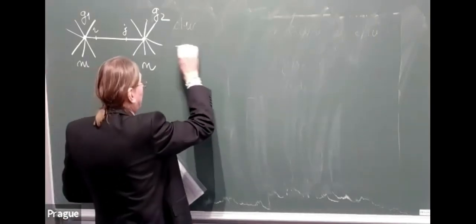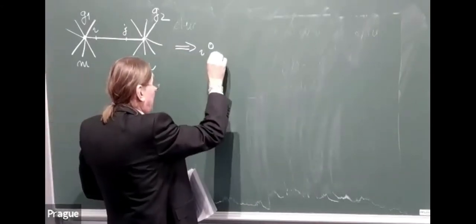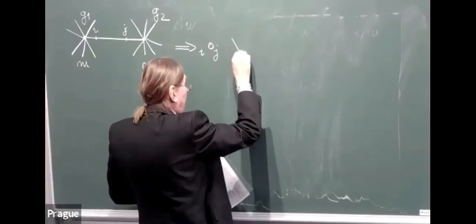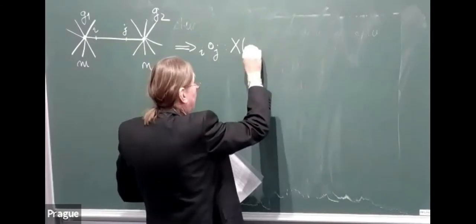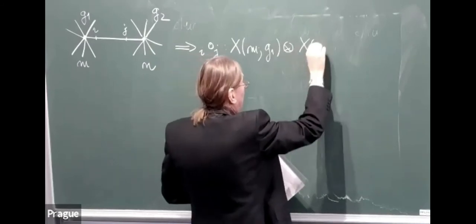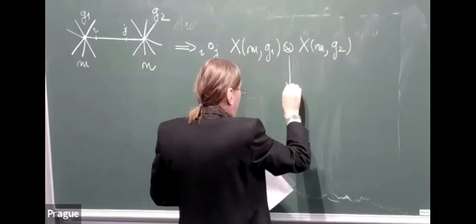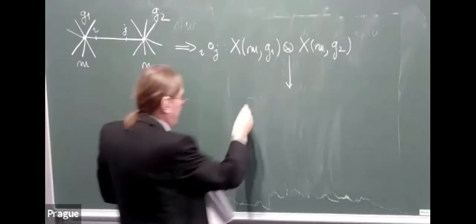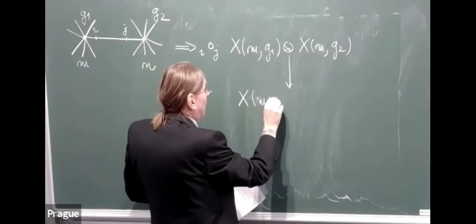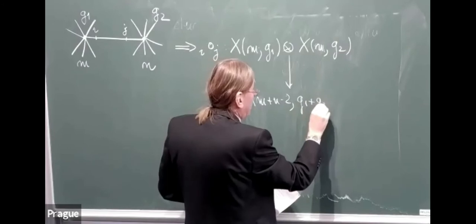The corresponding operation which generates the biased definition is again circle_ij, as in the case of cyclic operads. But in this case, I also have to say what it does with the genus. So it goes from X(m, g1) and X(n, g2), and it's additive with respect to the genus, which is again taken from geometric motivations, to X(m plus n minus 2), and the genus is g1 plus g2.